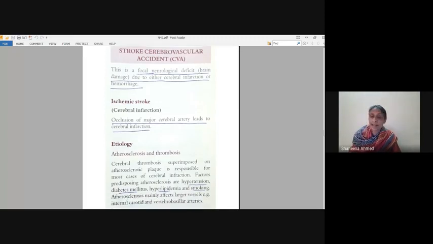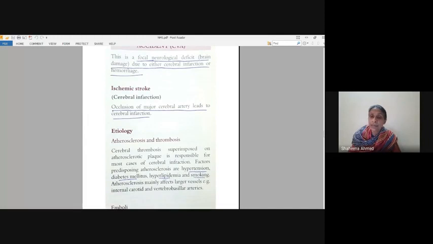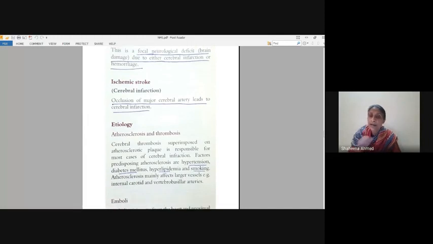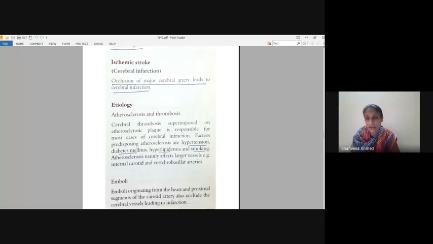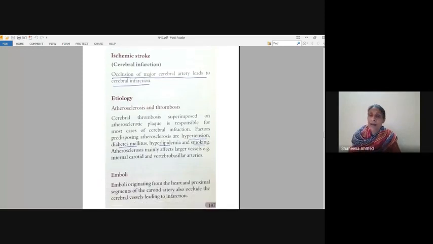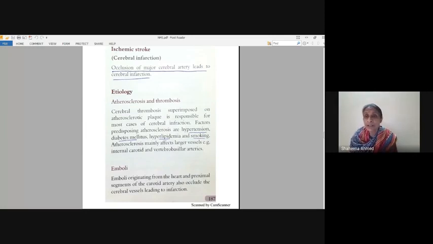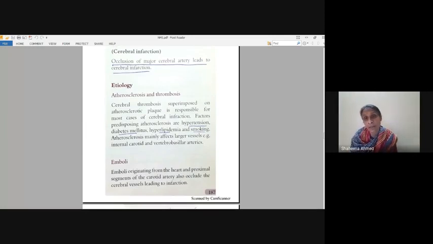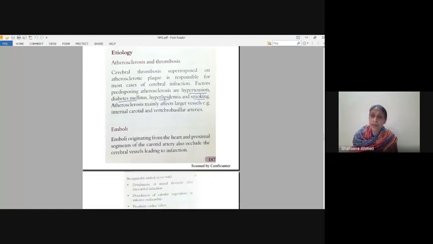Now let's look at ischemic stroke. That means a deficit which is caused due to cerebral infarction. If any of the major cerebral arteries is occluded, it is going to cause cerebral infarction. The most common etiology is atherosclerosis and thrombosis.